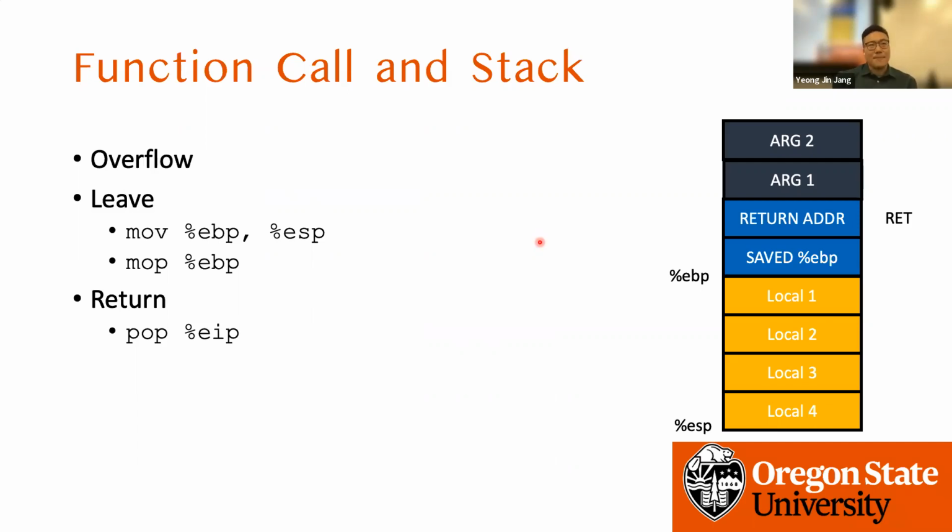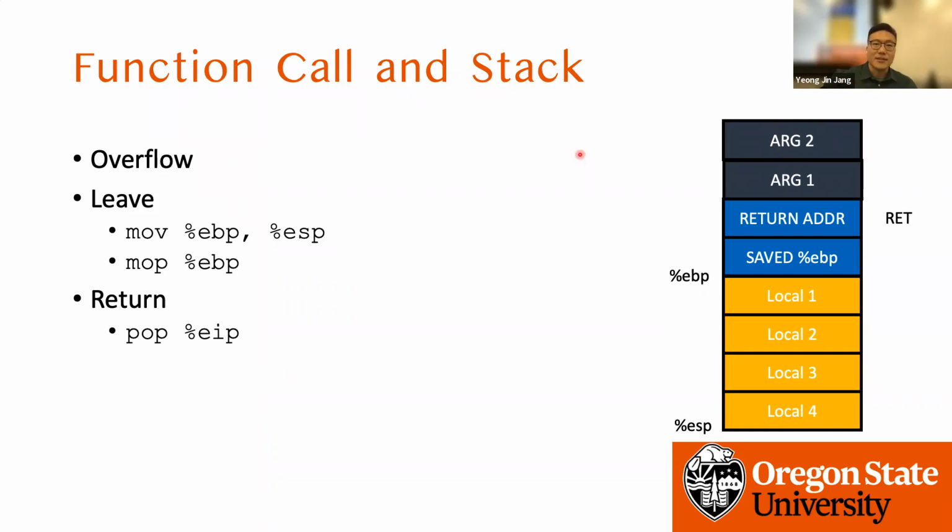So let's take a look at what will happen when we overwrite the return address with system, and how it fetches the argument. The important thing is that when you start executing the system function, it expects ESP to point to argument 1, but it will automatically store the return address. So actually, at ESP there should be the return address, ESP plus 4 should have argument 1, and ESP plus 8 should have argument 2.